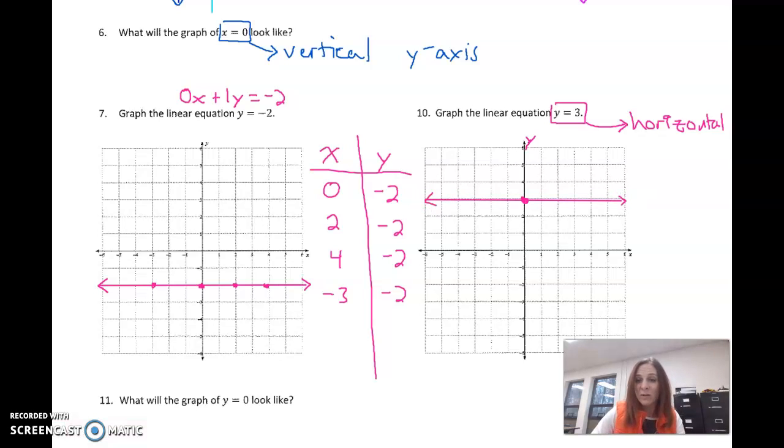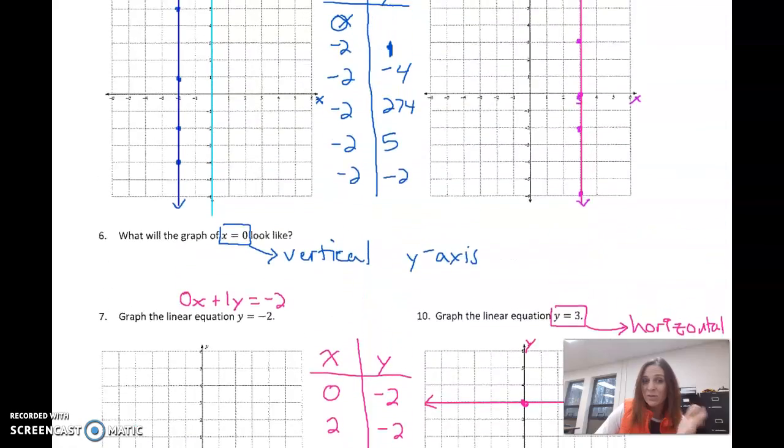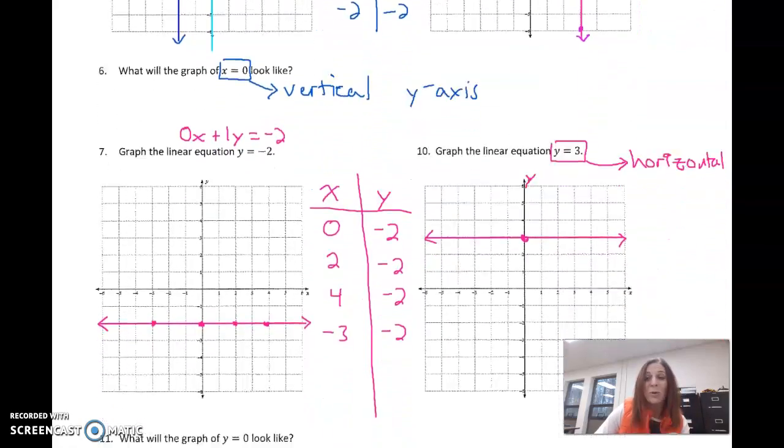If you pick any point on this line, your y value is going to be 3. And that's what we want. y equals 3. Here at the points (4, 3), (5, 3), (6, 3), (-3, 3). Don't overthink these. You just have to remember that if it's an x equals, it's going to be a vertical line. If it is a y equals, it's going to be a horizontal line.